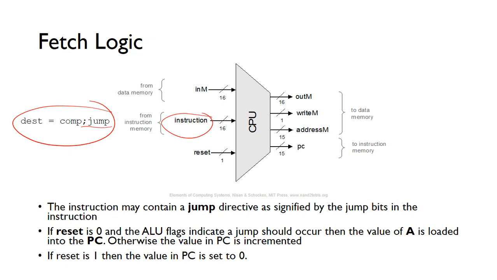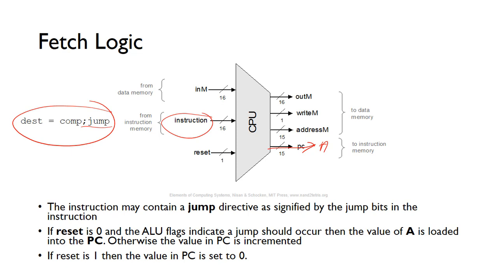The value of the A register will contain the instruction to jump to, so we'd essentially need to spit that out of the program counter. So the value of A would go out of the program counter, and that will then tell the instruction memory which instruction to output next.